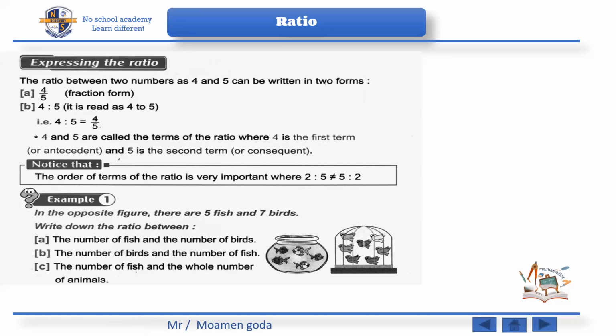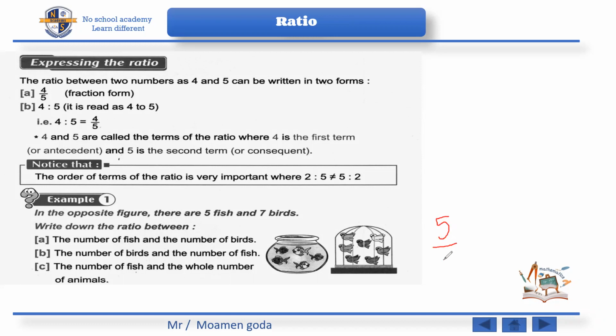And concentrate, the order is very, very important in the ratio, because 5 over 7 is not equal to 7 over 5. Let's write it here. The first question is number A. The number of fish, 5 over 7.